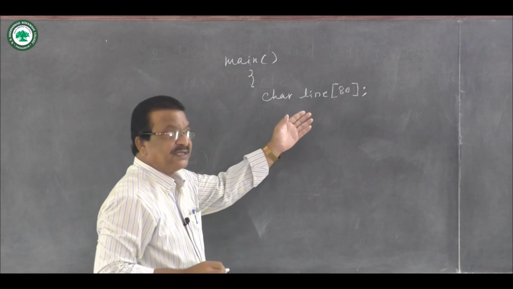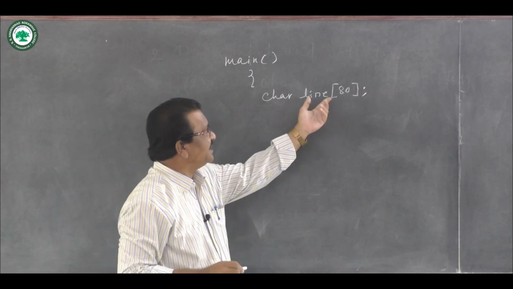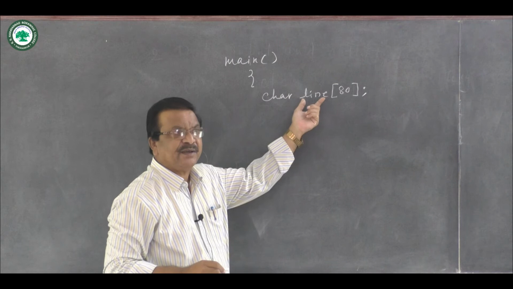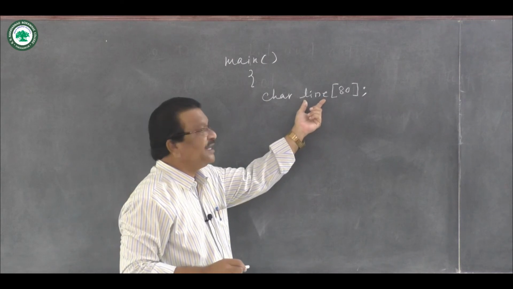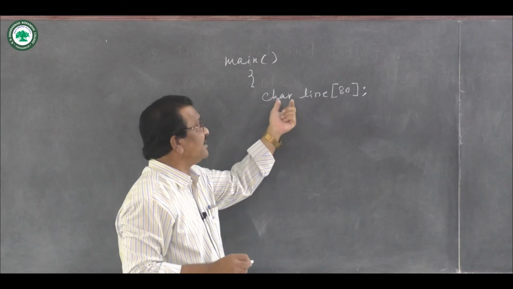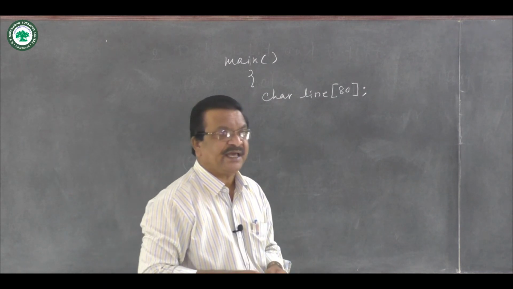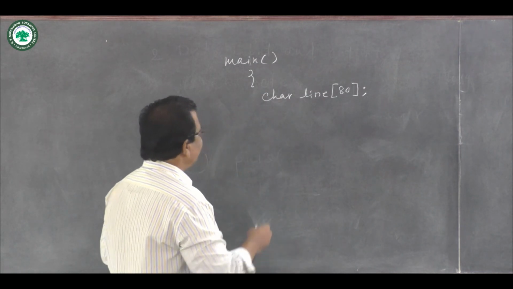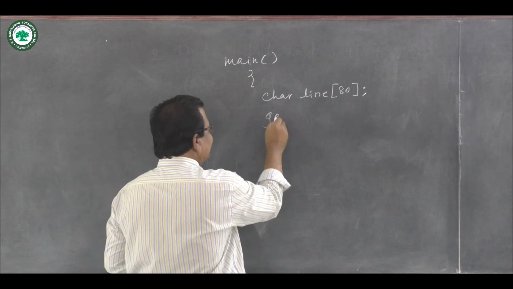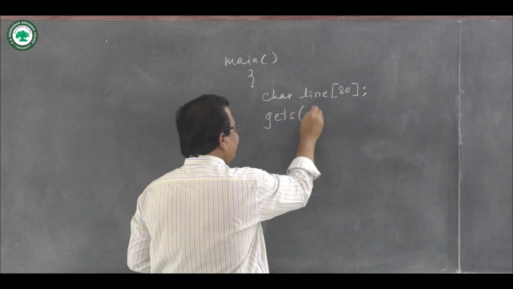The square bracket implies that the name preceding it is the name of an array. So line is the name of a character type array having size 80, so a maximum of 80 characters you can enter. And then gets(line).